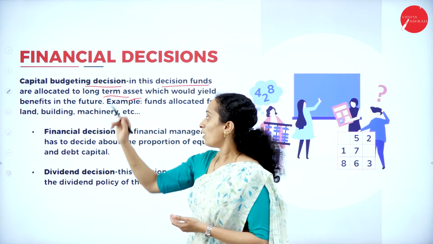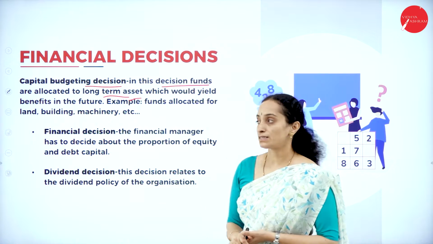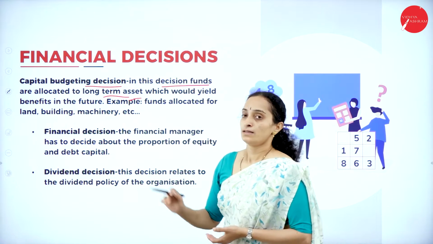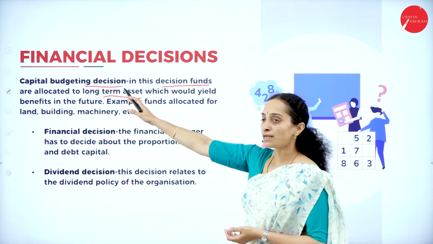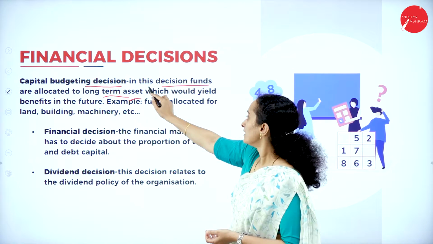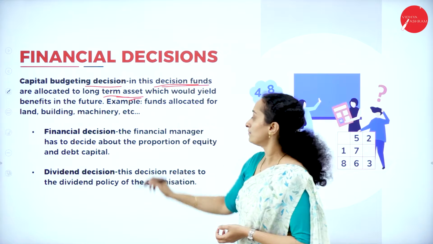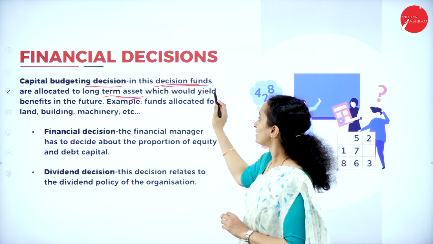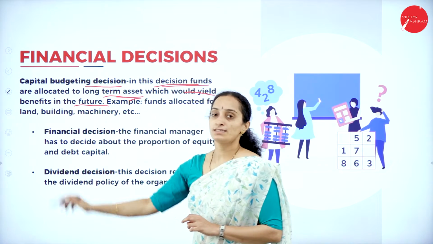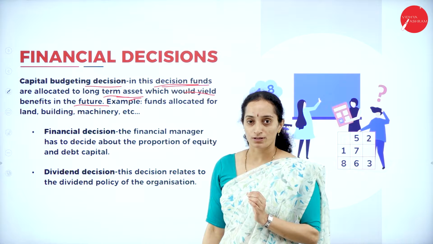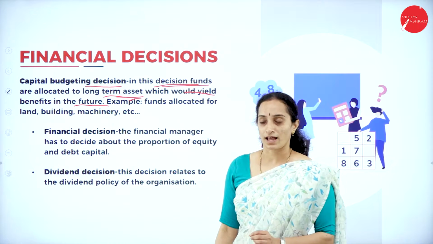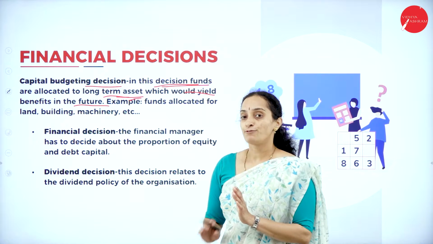These are long-term assets, isn't it? The capital budgeting decision is the decision where funds are allocated to long-term assets, which would yield benefits in the future. It is not for this particular instance of time, but is planned for the future.